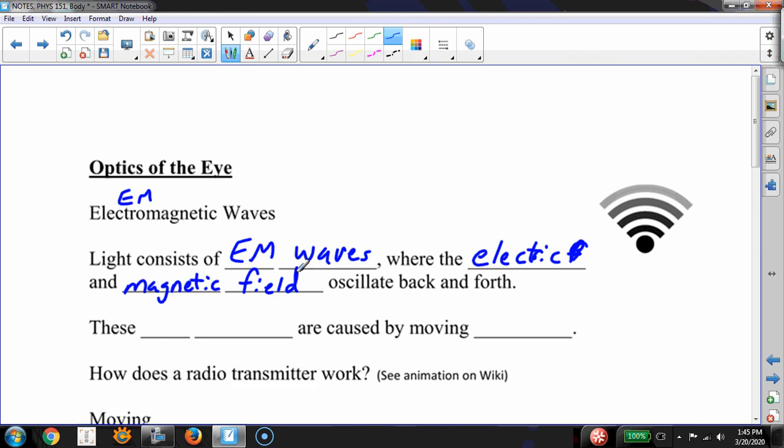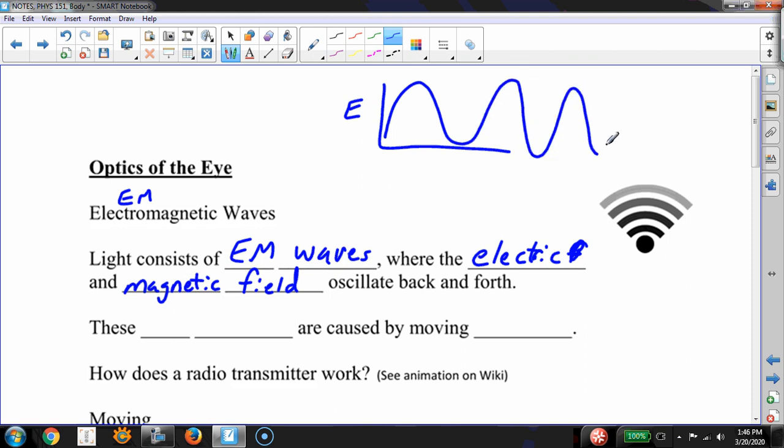The strength of that electric field, which we called E before, is going to oscillate. It's going to get big and small and big and small and on and on. And then there's also a magnetic field, which will get big and small, and it will oscillate in a way that is opposite the electric field.